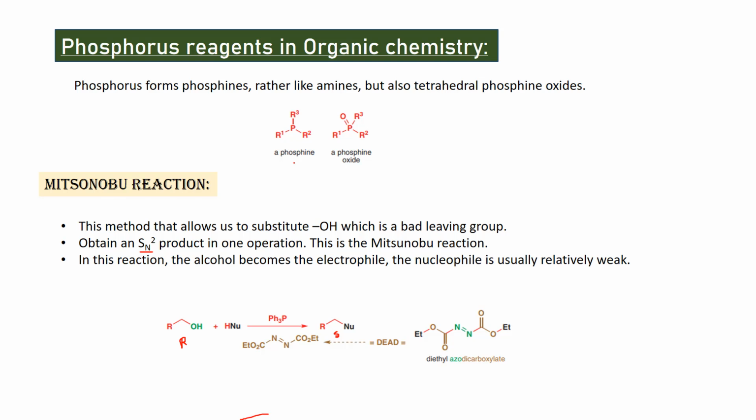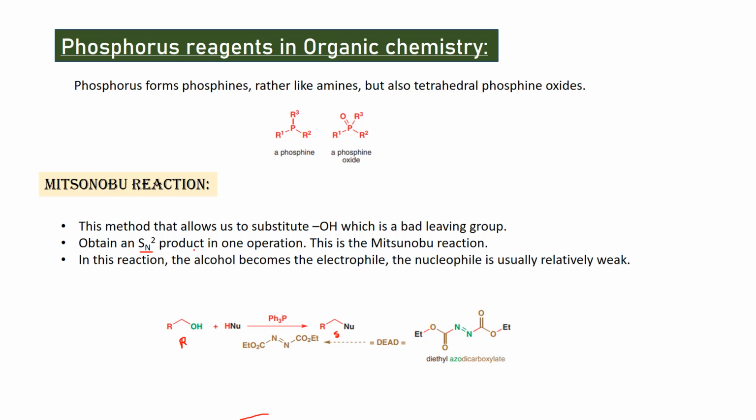This method allows us to substitute OH, which is a bad leaving group, through an SN2 pathway. This is called the Mitsunobu reaction, and in this reaction the alcohol becomes an electrophile and the nucleophile is usually relatively weak.